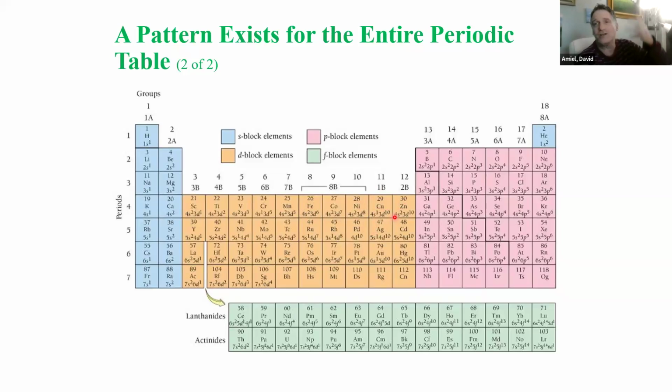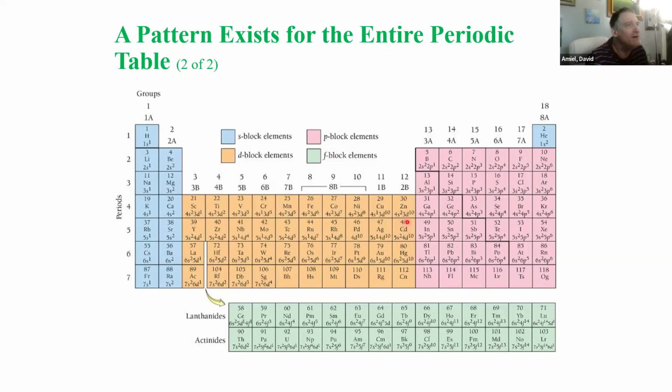That's another magic point where you have a completely filled shell. It wants to be 3d10. It doesn't want to be 3d9. 3d9 is less stable than 3d10. So it steals an electron from its 4s orbital. And then zinc completes the 3d orbital, 4s2 3d10.